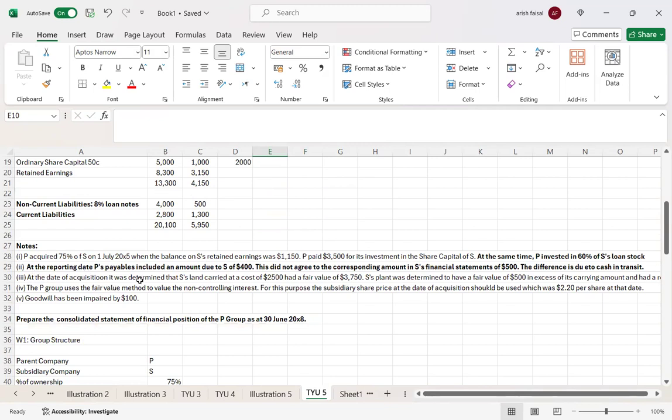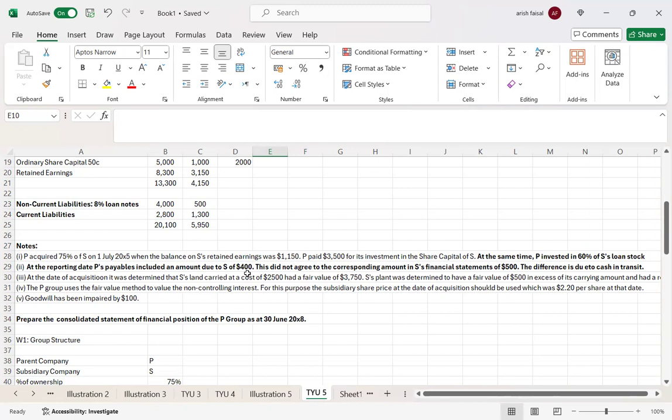Okay. Now, before I jump to the current assets, let me show you this adjustment. At the reporting date, P's payables included an amount due to S of 400. Now, what this point means is that at the reporting date, the parent's payables included an amount due to the subsidiary of 400. So it means that the parent is saying that I have to pay $400 to the subsidiary company.